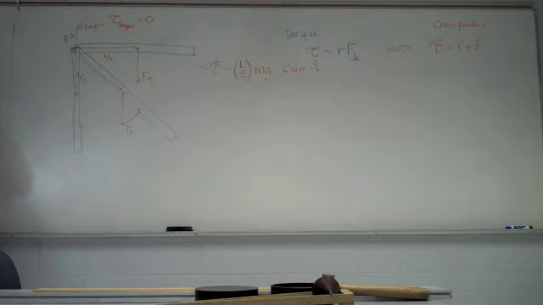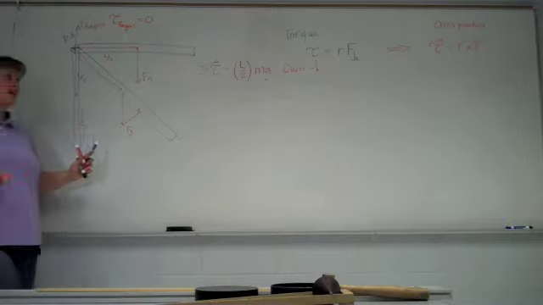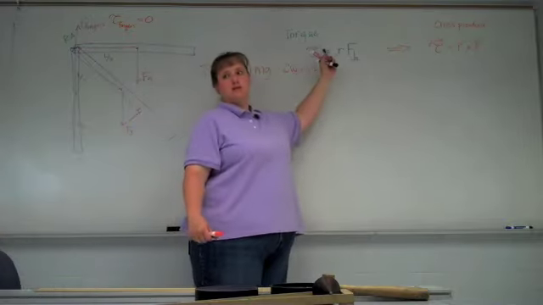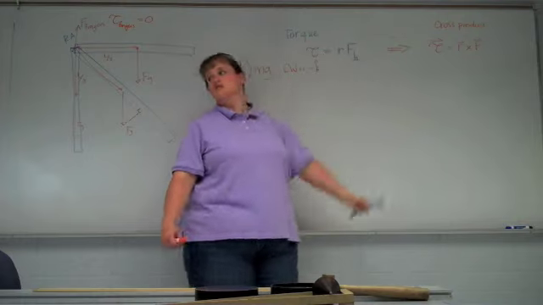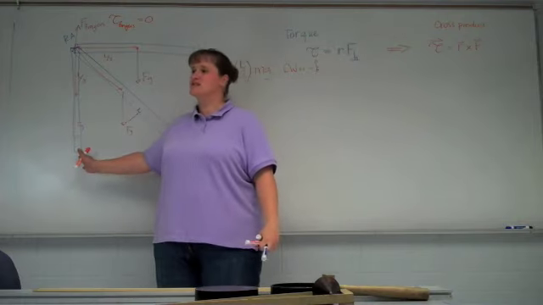It'll be zero. Exactly right. Well, it'll be opposite what it was after that, yes. At this location, when the meter stick is vertical, the force does not have a component that's perpendicular to the lever arm. They're parallel. If they're parallel, then there can be no torque. So at that instant, there is no net torque.